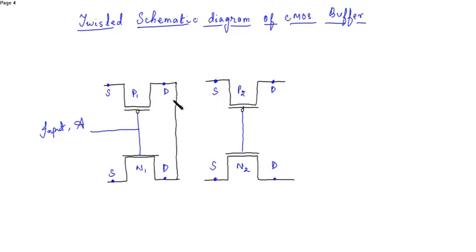This is connected to VDD. This is the output which is given to the input of the second inverter, and the output of the second inverter is obtained from this common drain.